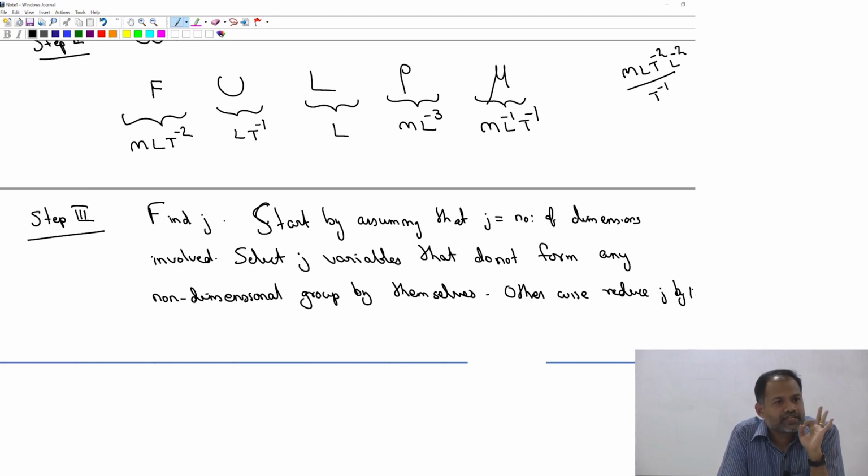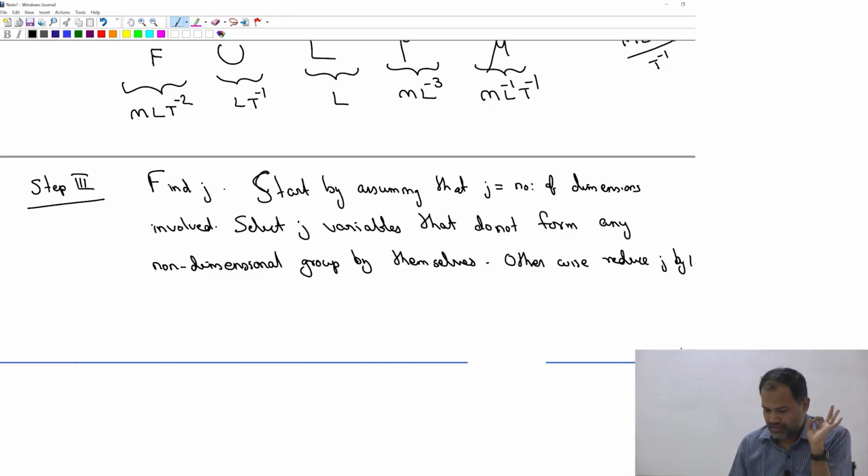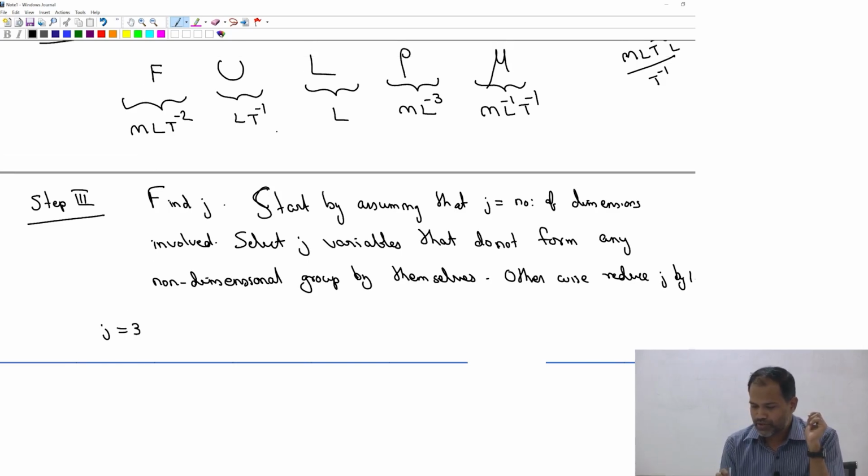So I will select j equal to 3 to start with, and that means I have to select now 3 variables from the 5 variables that I know. I could select any 3 variables. So right now I am going to select length, velocity and density as the 3 variables.